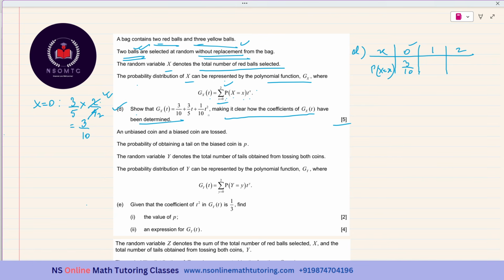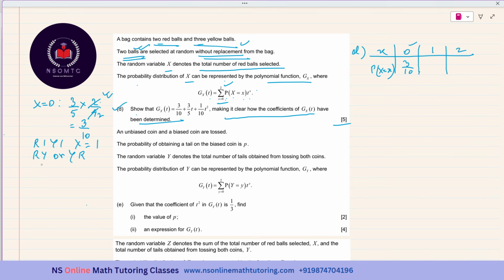And then X equal to 1. That means 1 red ball. So red 1, yellow 1. So it can be either red and then yellow or yellow and then red.